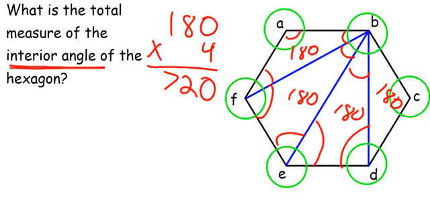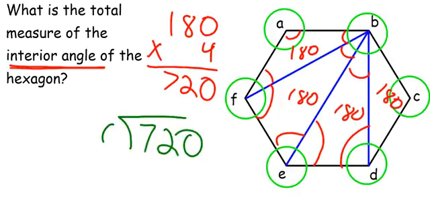So to figure out the measure of one of them, I'm going to take this and divide by the number of angles. In this case, I have 6. So 720 divided by 6 is going to give an answer of 120 degrees. And because it's a regular hexagon, A and B and C and D and E and F all measure the same, 120 degrees.